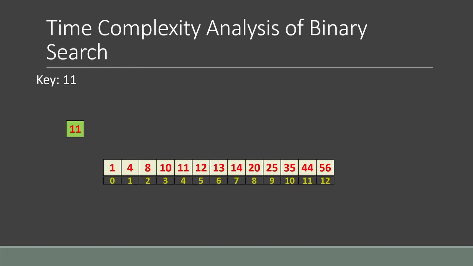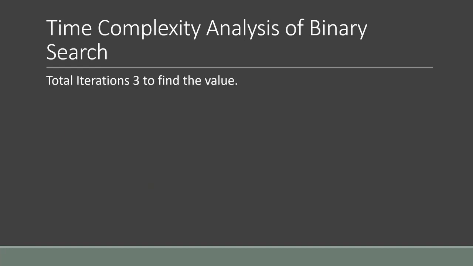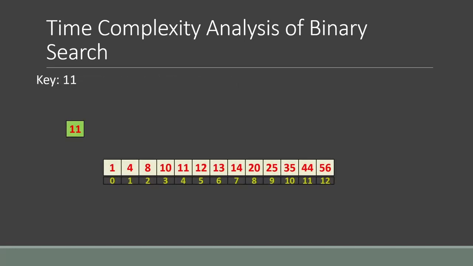I am not wasting our time describing the same things. Let us understand. If you search for the value 11, then you will find it after 3 iterations. So a total of 3 iterations are required to find the value 11 in this particular given array.